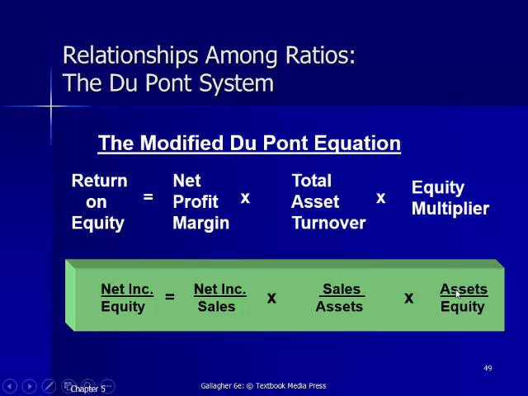And so if you multiply those three ratios together, we have sales in the denominator here, canceling sales in the numerator here, just as we did in the regular DuPont equation that got us to return on assets. So these first two ratios, when multiplied together, give us the return on assets.